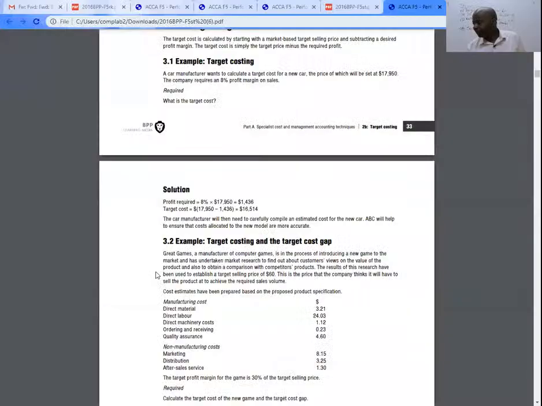You can see they are here. They have given us cost estimates prepared based on the product specification. For the manufacturing and non-manufacturing cost, you are supposed to add all of them. Could you kindly add all these costs of producing this product?